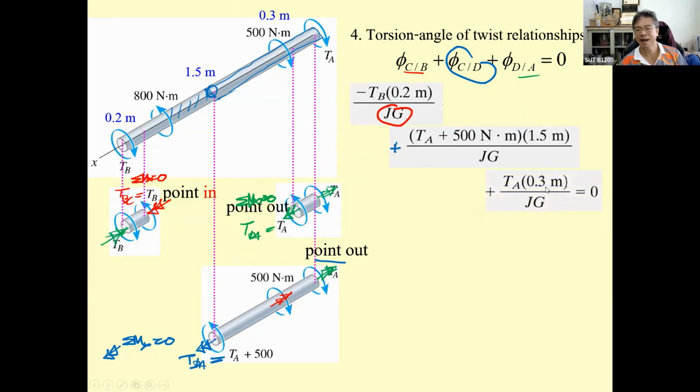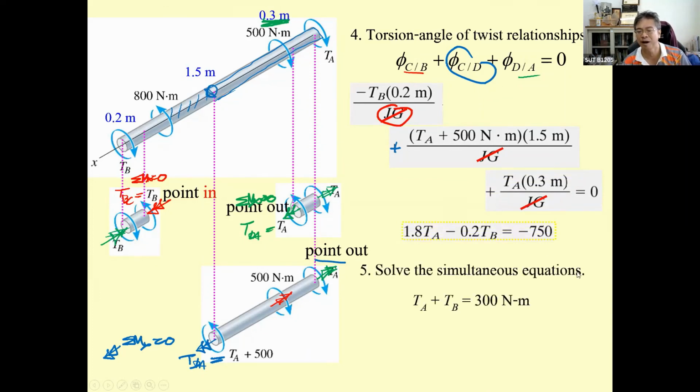And T sub A times 0.3 over GJ, cut the GJ, you get this equation. You solve this equation with the equation of equilibrium. You get T sub A as negative. Now, this is not correct. So the real T sub A must be in this direction. The T sub B is okay.